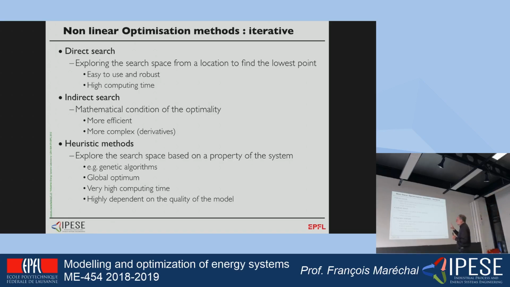And then, but I will not discuss this today, the heuristic methods are the third type of method that can be used in order to solve an optimization problem. And in this case it is if you have computing power available, because then you will explore the space by sending soldiers everywhere. And each soldier is going to come back and give you the information about what is the height.